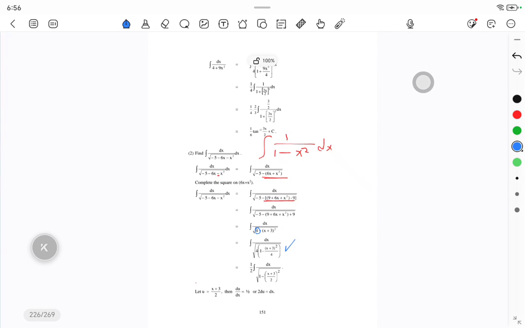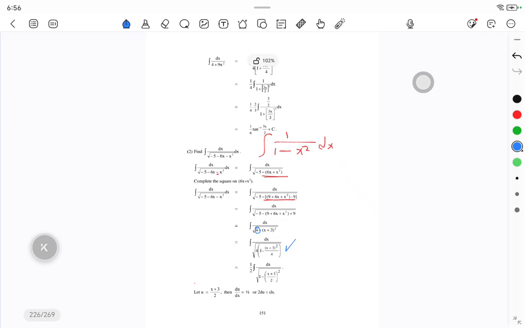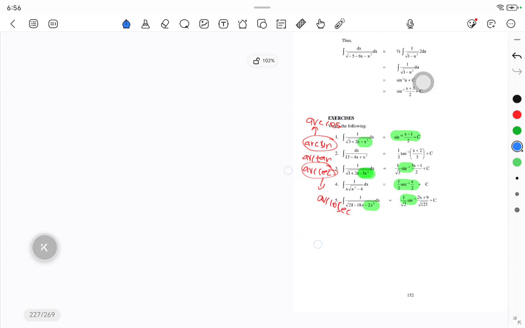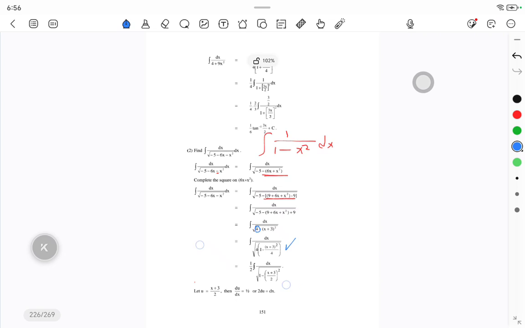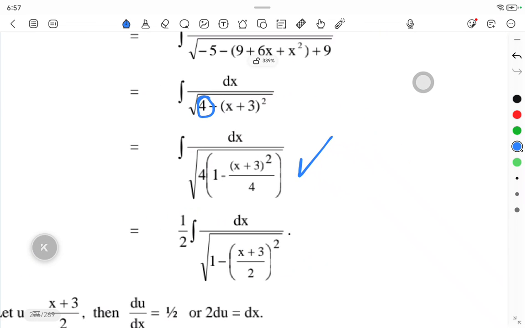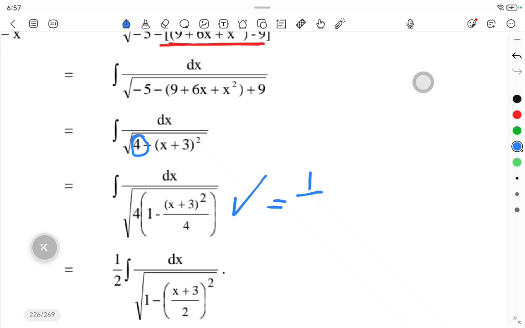Now let me see. I think when I was explaining this one, I might have forgotten that this is a root, right? So if I take this one out, I'm going to take it as a root of 2, so your root of 4. Now I'm going to be left with this.